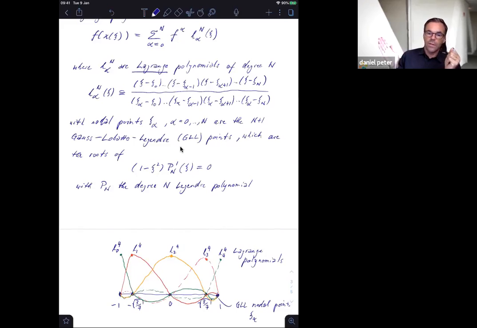So if we set the degree, say degree 4, then we have the exact psi alpha positions determined, and we know what these Lagrange polynomials will be for the function expansion. This will be all set up basically by our choice.